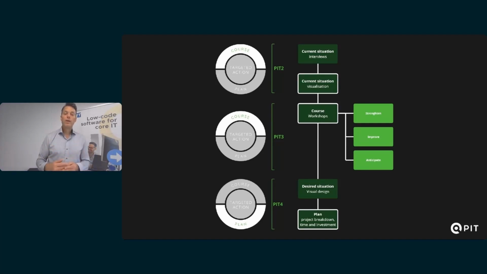During PIT 3, which follows PIT 2, we design the course based on some fixed workshops. And during PIT 4, we create the plan to reach the desired situation, starting from the current situation.